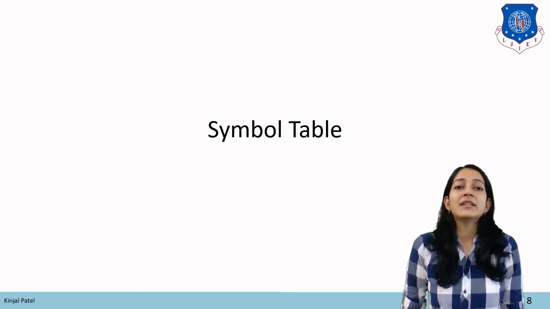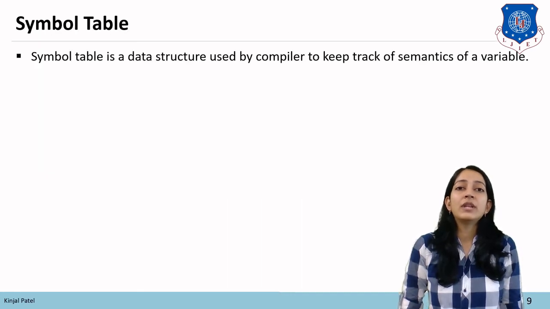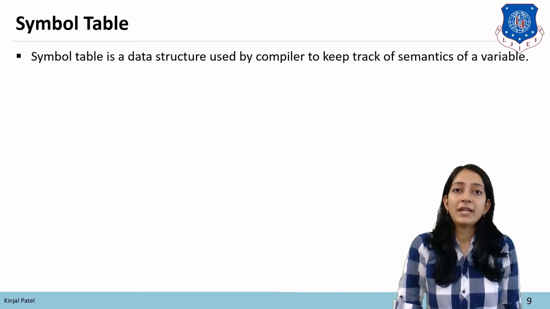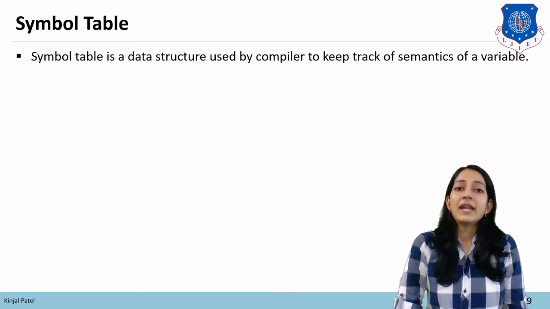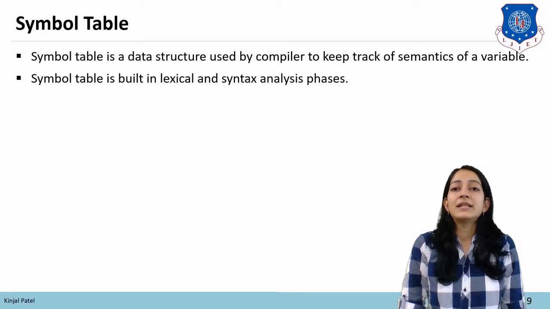Now next is the symbol table. Symbol table is used to store the information of variables. It is a data structure used by the compiler to keep track of the semantics of a variable. The symbol table is built in the lexical and syntax analysis phases.